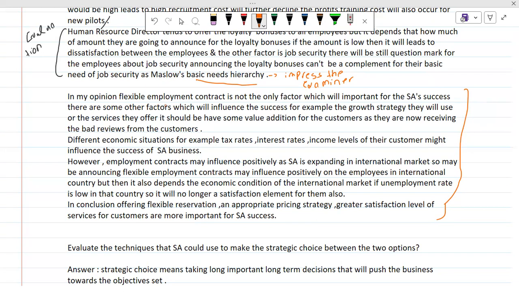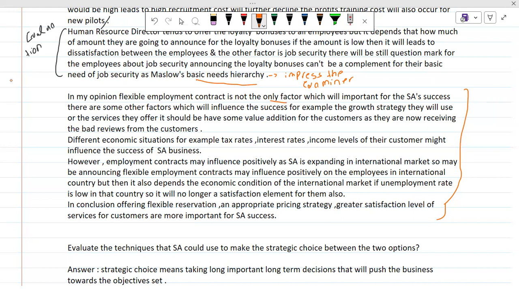So in my opinion, flexible employment contract is not the only factor which is important for SA's success. You can write it also. You don't need to write that the employment contract is good or bad. If you think this is not the only factor important for success, and there are also other factors, you can write it here.